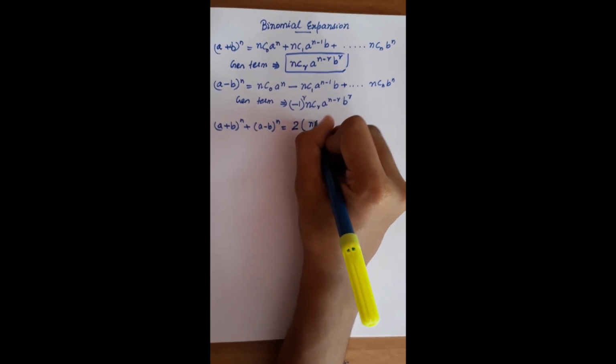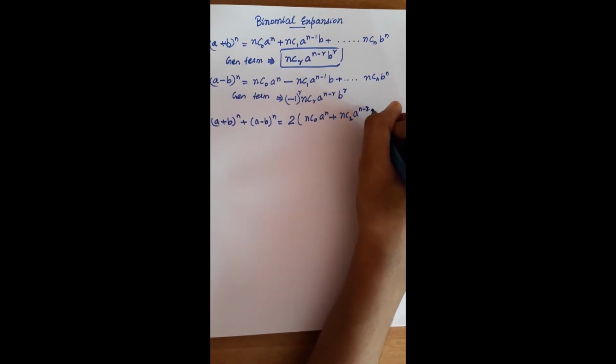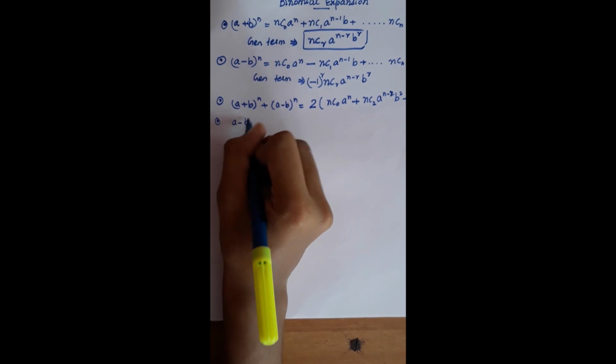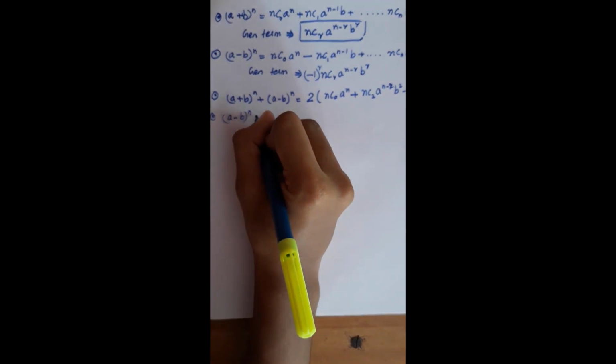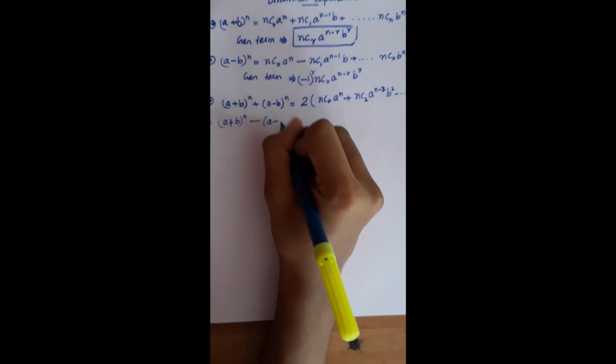So 2 into [nC0 a^n + nC2 a^(n-2) b^2 + etc.]